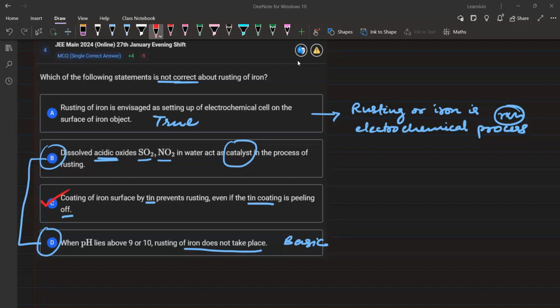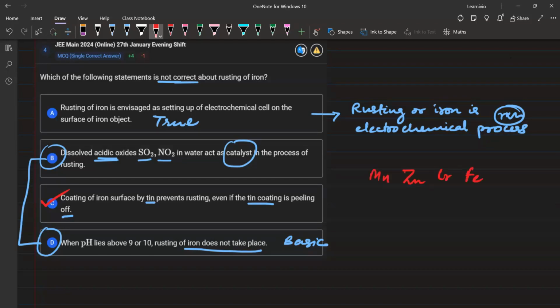Why? Because if you guys know the electrochemical series, where do we have iron and everything?